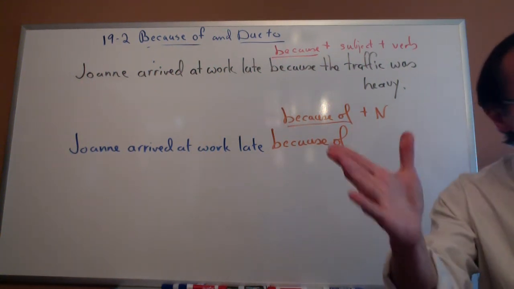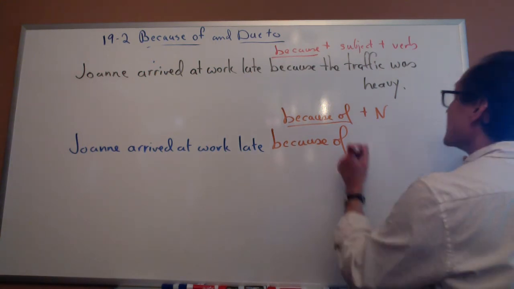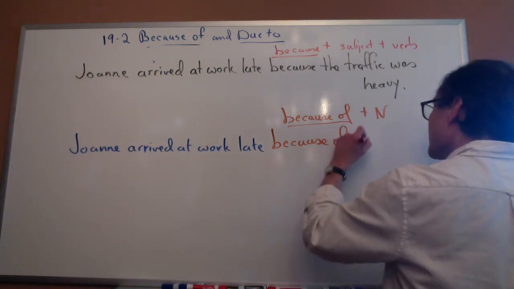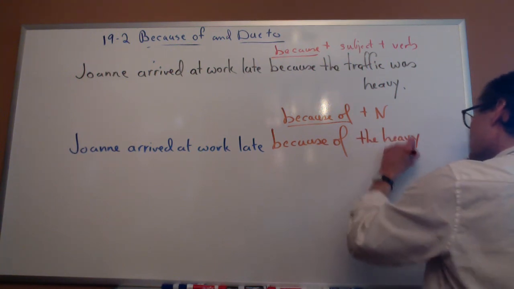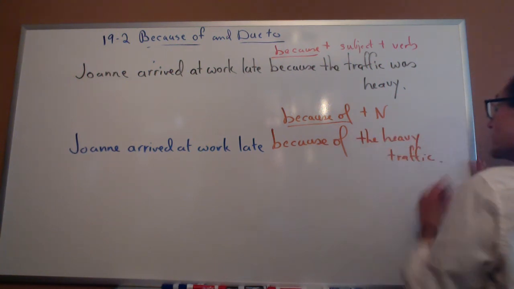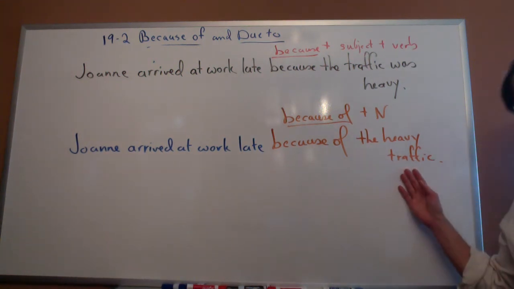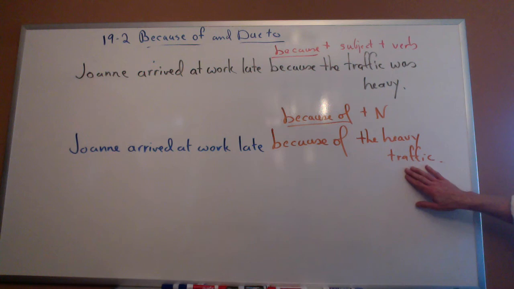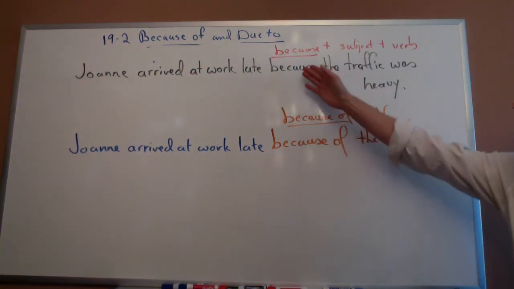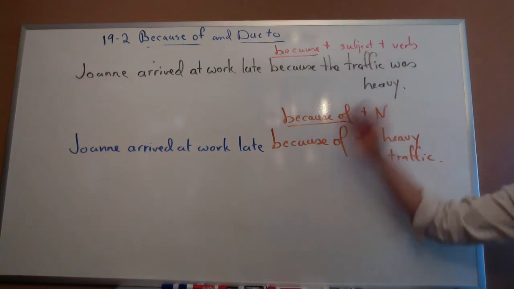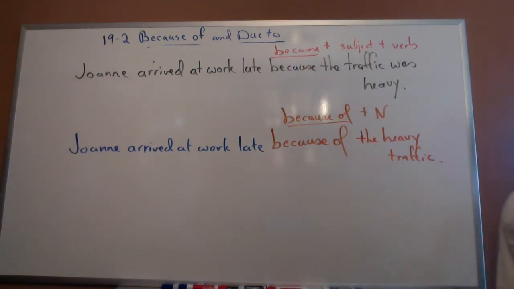So let's take a look at an example. I could say, Joan arrived to work late because of the heavy traffic. So here I have because of plus a noun, the heavy traffic, or a noun phrase if you are really a grammar person. Because is followed by subject and verb, because of is followed by a noun, but these two sentences mean the same thing.